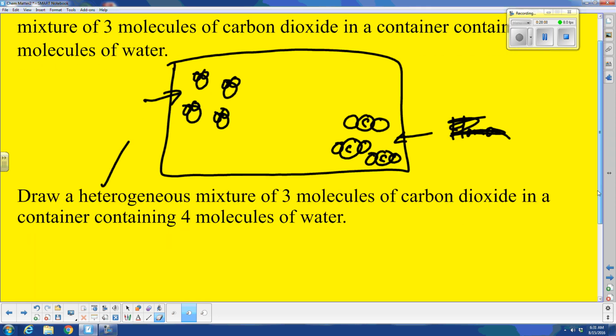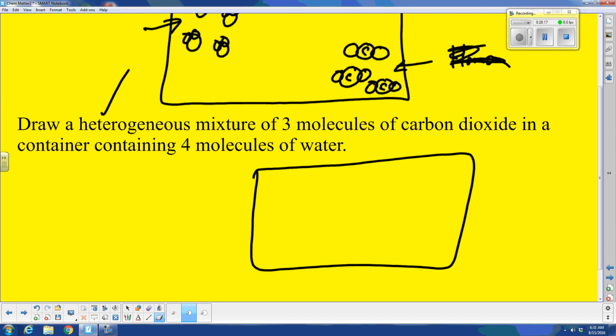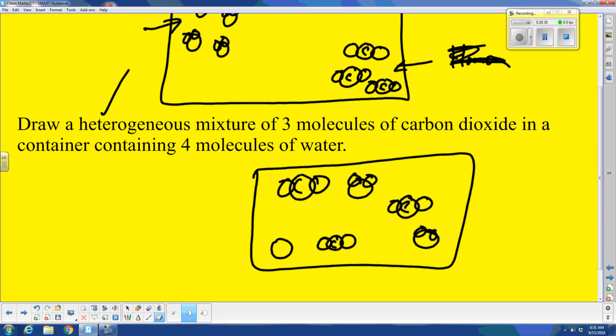Good. And then what would be my homogeneous? Homogeneous would mean what? That it has a uniform composition. So that means I'm going to want to spread everything out. I'm going to want to have one carbon dioxide up here, and then maybe a water somewhere up here, and then maybe another carbon dioxide over here, and then another water over here, and then another carbon dioxide over here, and maybe a water over here, and I need another water somewhere.